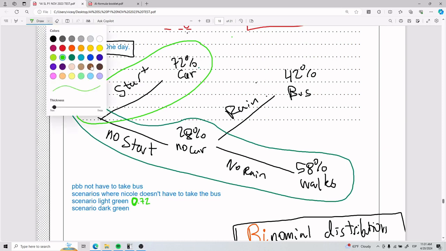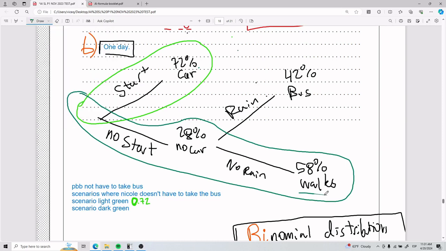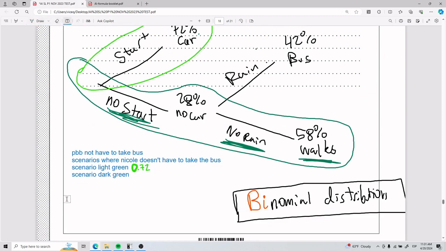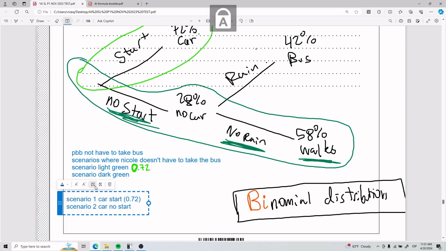The scenario of dark green is a little bit different because to reach no walk, that means you pass through no rain and pass through no start. And so think about it this way. Scenario one is just car start. So car start is 0.72. Scenario 2, or dark green, is car no start, and that was a crazy voice crack, and no rain.